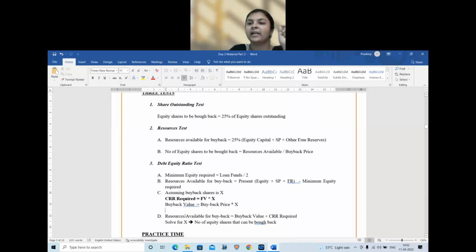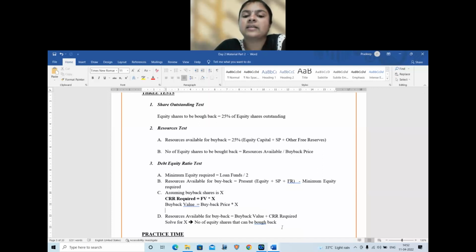Now to the final equation: resources available for buyback is equal to buyback value plus CRR required. This is the equation, where B is equal to C. If you solve for X, you will get the answer under number of equity shares.